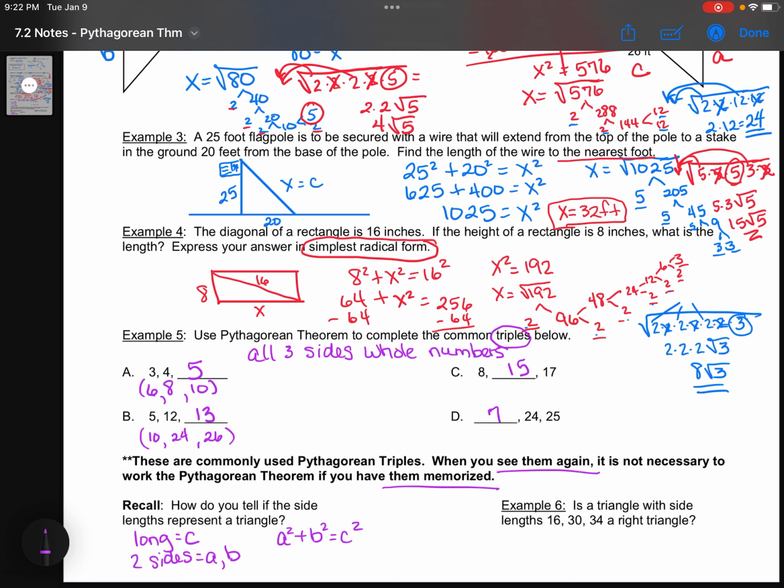So here's my triangle, and if I want to know if it's a right triangle, the longest side is 34. So if 16 squared plus 30 squared equals 34 squared, then it is a right triangle by using the Pythagorean theorem.